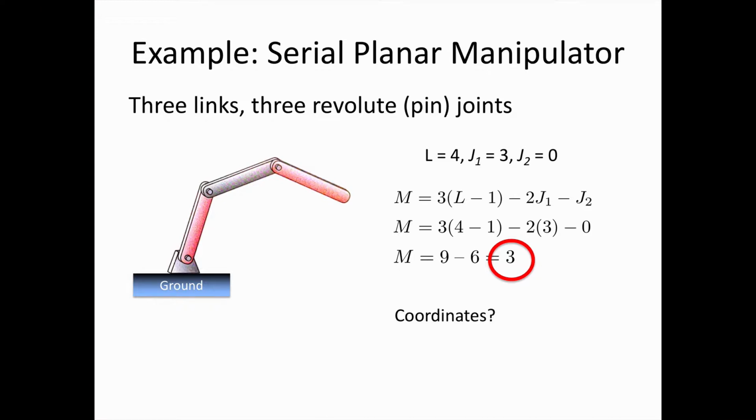Often we're interested in defining some type of generalized coordinates to define the position of a mechanism. One option for doing this is to specify the 3 joint angles for this mechanism as the coordinates that we can use.